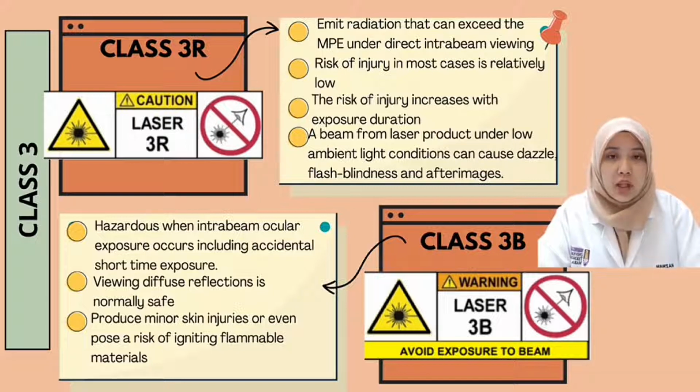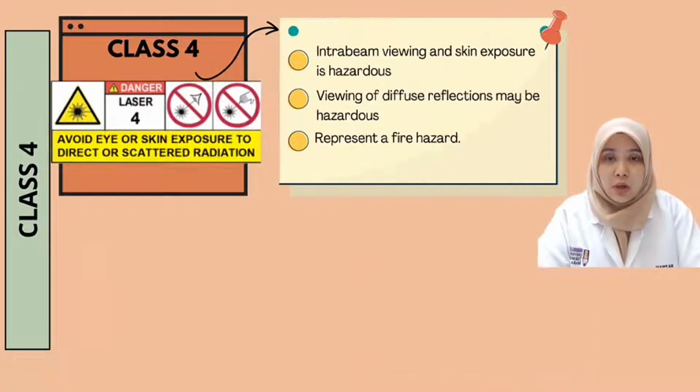However, this is only likely if the beam has a small diameter or is focused. Lastly, for the Class 4 laser product, intrabeam viewing and skin exposure is hazardous, and viewing of diffuse reflections may be hazardous. These lasers also often represent a fire hazard.